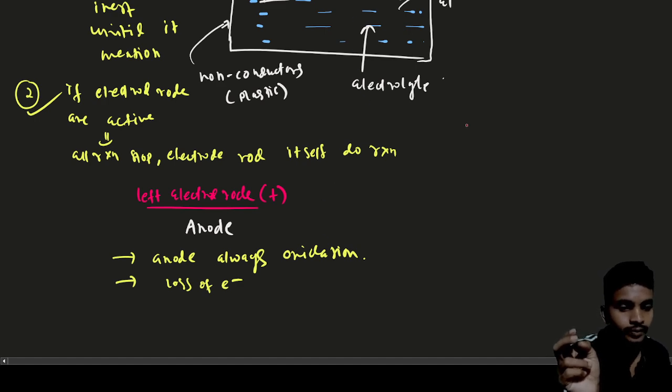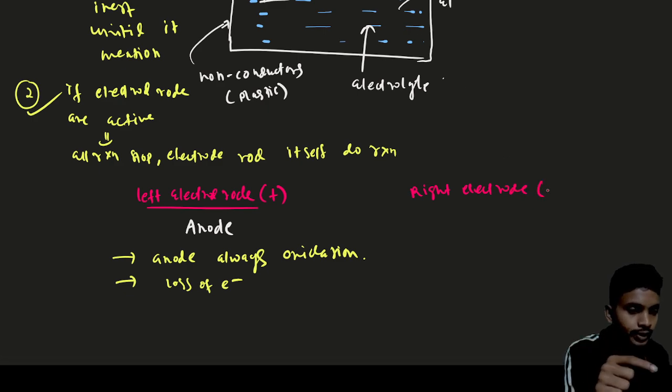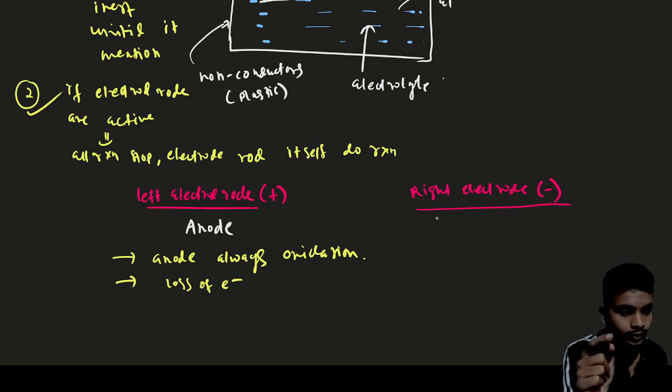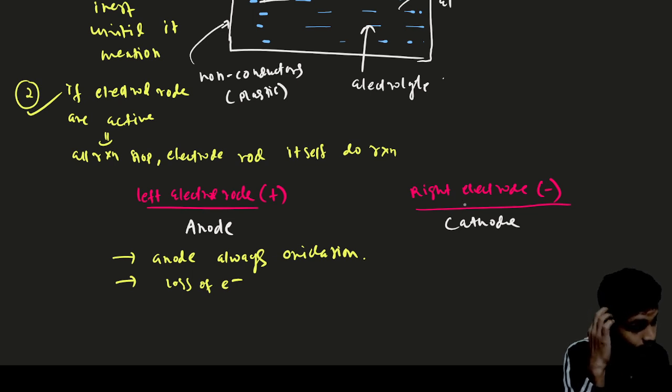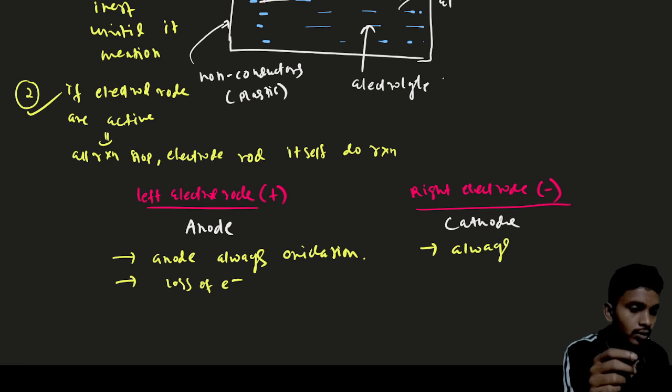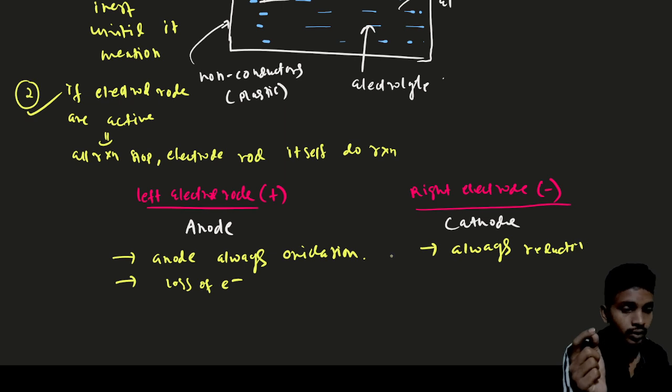Similarly, the right electrode has negative charge because it is connected to the negative part of the battery, and it is called the cathode. At the cathode, reduction always happens, whether it is an electrolytic cell or a galvanic cell, and reduction means gain of electrons.